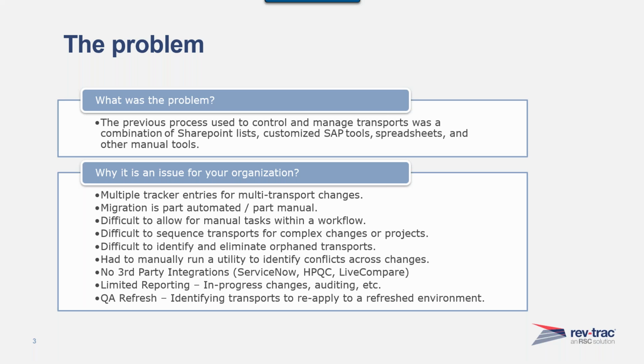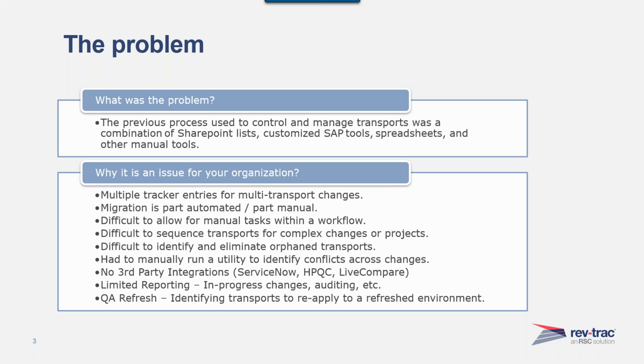Sequencing. As we get changes that have multiple transports, or a project going in that has 50 or 100 transports, the sequencing of those things became difficult to do manually and difficult to get right. That was not a good place for us to be. Orphan transports, we definitely had our share of those in the various environments.